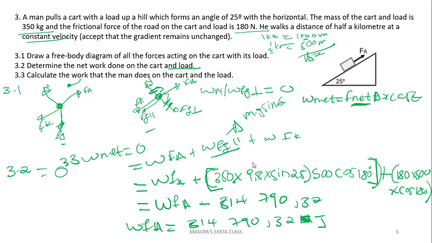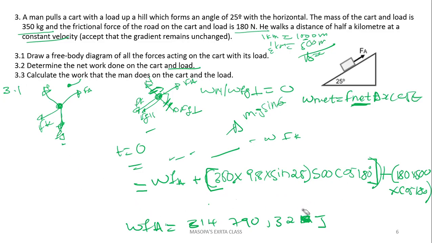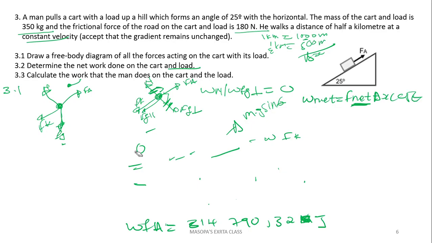So now when you look for the F net, they say constant velocity, it means that your forces are equal.